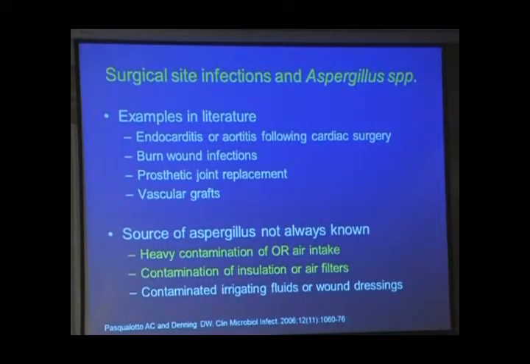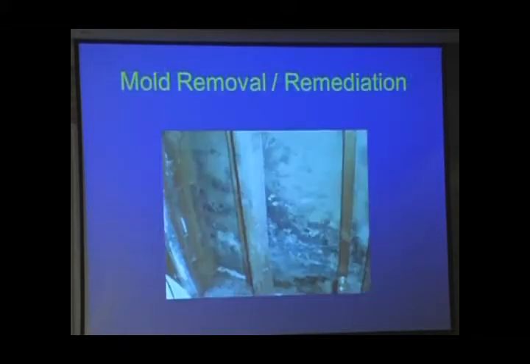So the insulation within the ductwork can become contaminated and can serve as a source of spores that may not appear initially, but then can lead to problems down the road. And then also, especially this is another reason to get rid of water damaged or heavily moisture exposed supplies, are contamination of irrigating fluids or wound dressings.